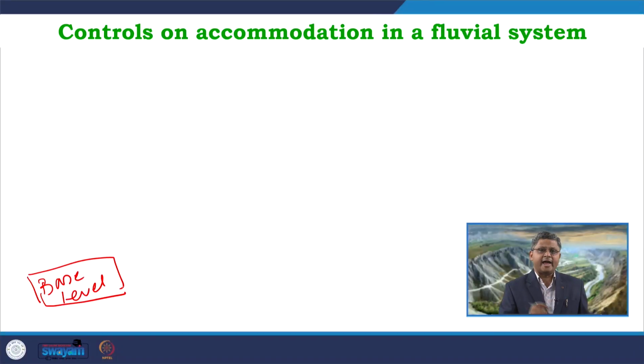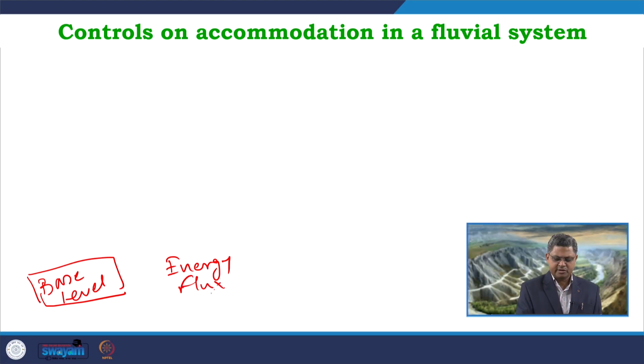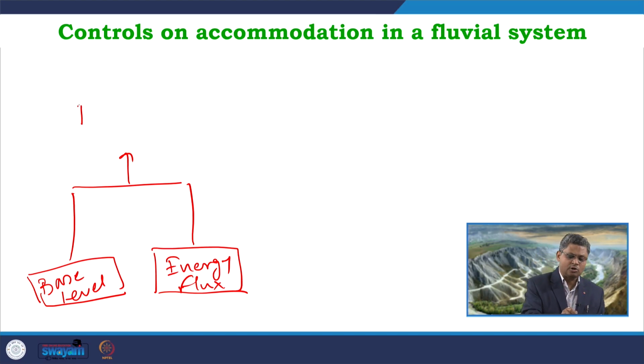The main control factor is the base level, that is the marine base level, and along with this marine base level, the second factor that will control is the energy flux which is available with respect to that particular base level position.